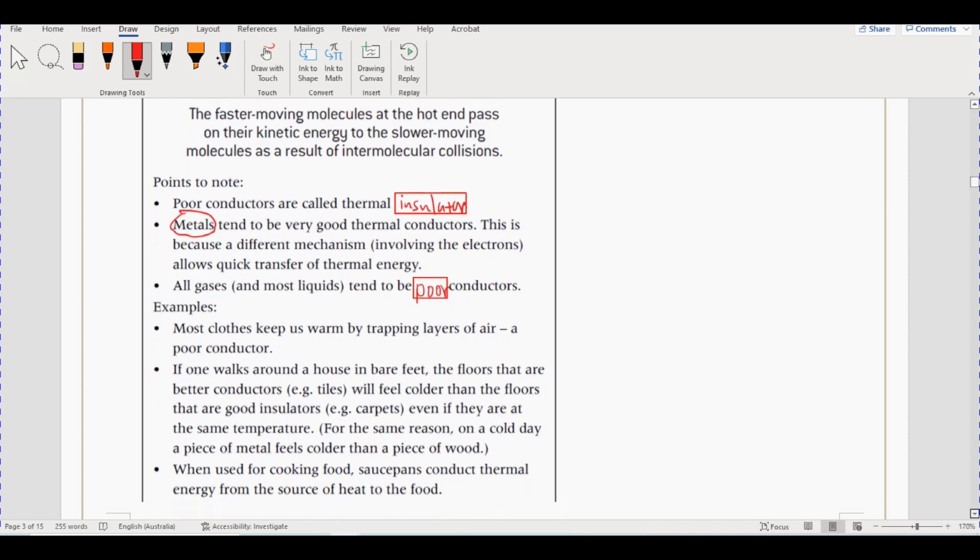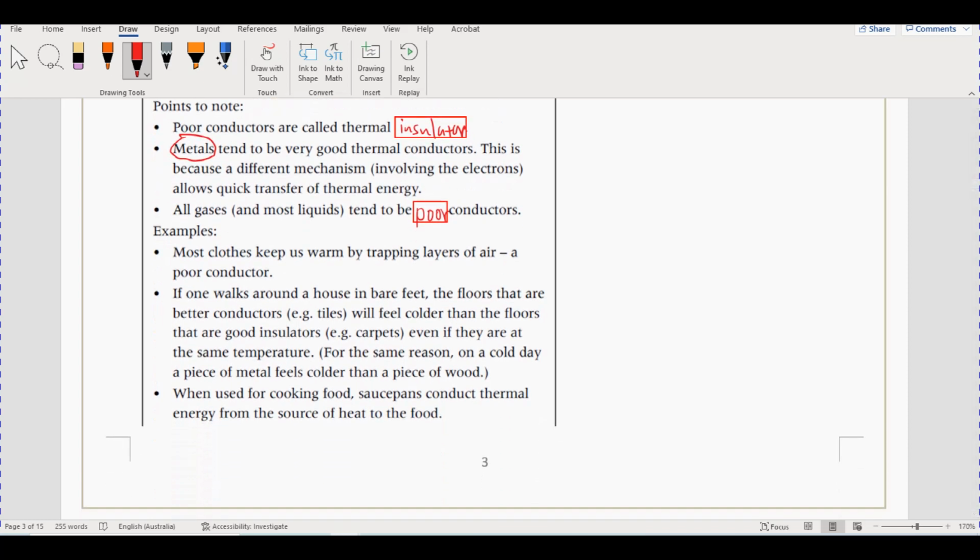So there are some examples for that. Most clothes keep us warm by trapping a layer of air. In Mackay, possibly we don't need to wear very thick clothes, but if you go to some really cold place, those very thick woolen clothes, for example, have a lot of space.